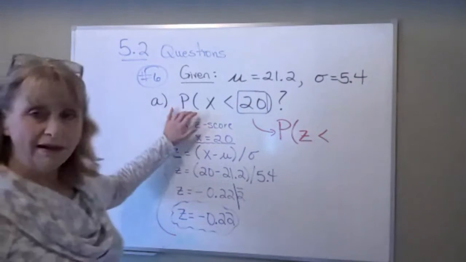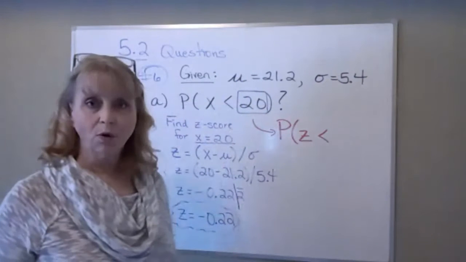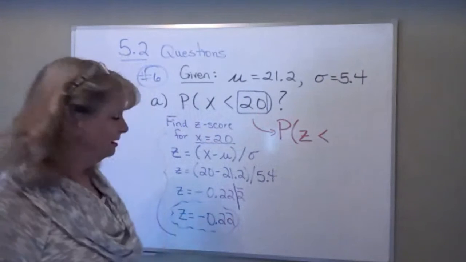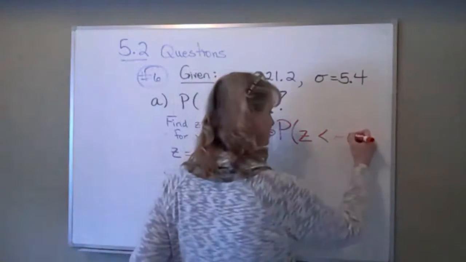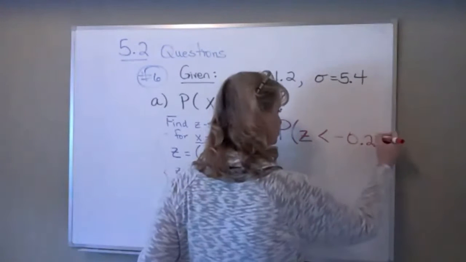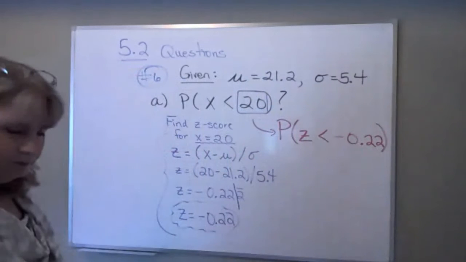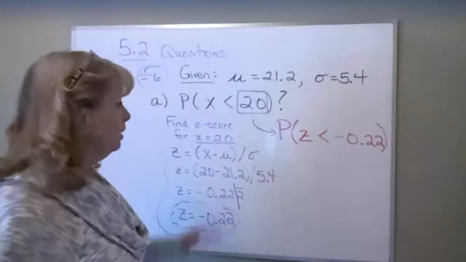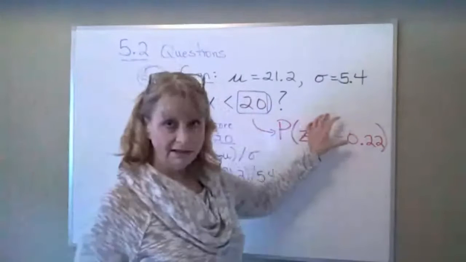So the probability that the data value is less than 20, that's the same question as saying, what's the probability the z-score is less than negative 0.22? It's the same question. So I've rewritten the probability statement using the z-score.